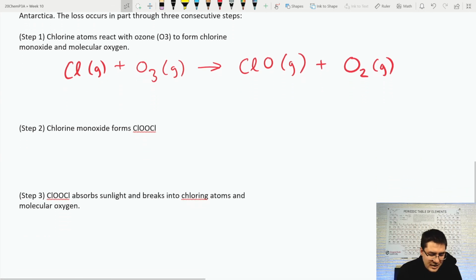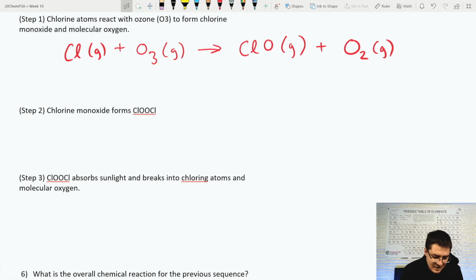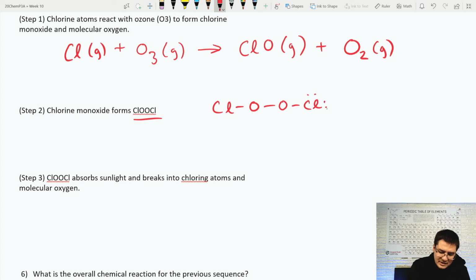Okay, chlorine monoxide forms ClO, OCl. And they write it like that because the chemical structure of it with its covalent bonds probably looks something like that, where it's got some structure with chlorines on the ends and oxygen in the middle.